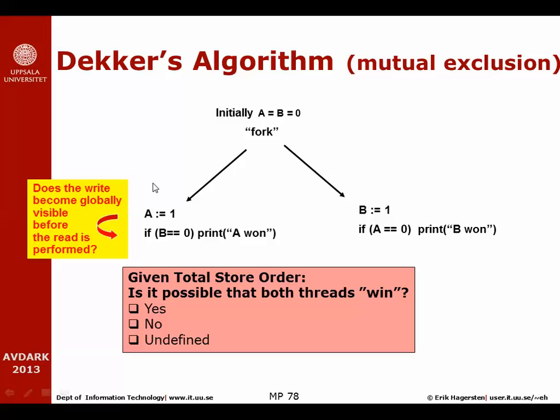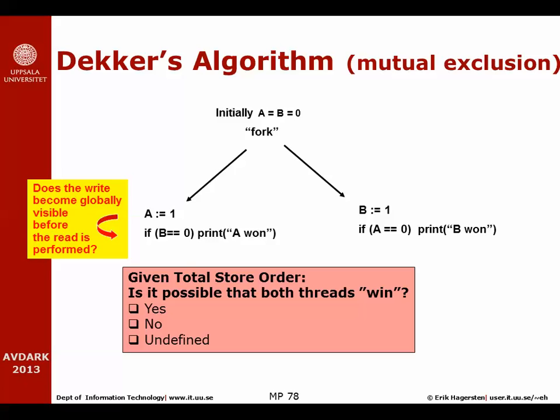Then it bypasses the store buffer with this load and goes out and reads the value of B out there. Meanwhile, the other side may already have put a store to B equals 1 in the store buffer, and it can bypass that store, go out in the world, and it can draw the conclusion that A is still equal to 0. So it's still possible to write code that will break under total store order.